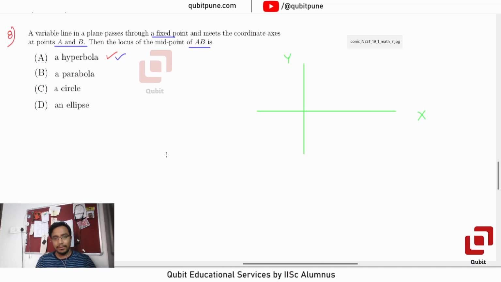X-axis, y-axis. Suppose we choose that point to be somewhere here. Let us call it (a, b), or the coordinates a, b.